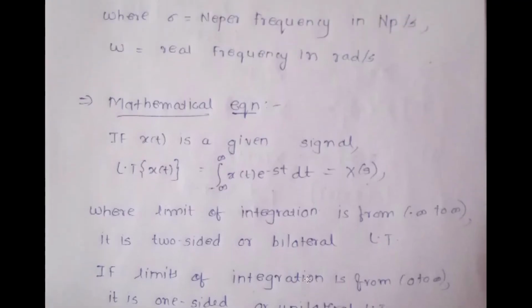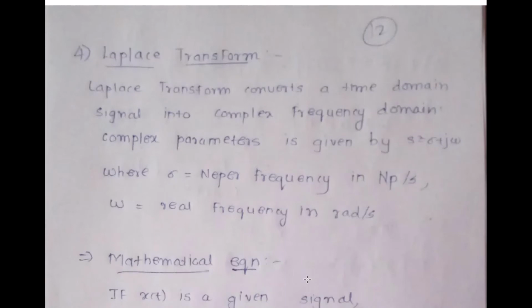So talking about Laplace transform, it's a particular technique in which I am going to convert my time domain signal into a complex frequency domain. It is given as s equal to sigma plus j omega, wherein sigma is the real part and omega is the imaginary part.